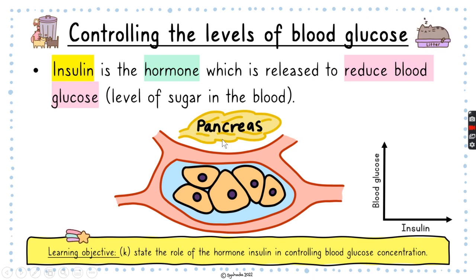Islets of Langerhans can be found in the pancreas. This is just my drawing of the pancreas, and this right here is the blood vessels surrounding the tissues. The body tissues here refer to the target organ, so you could think of this as the liver or the muscle cells.